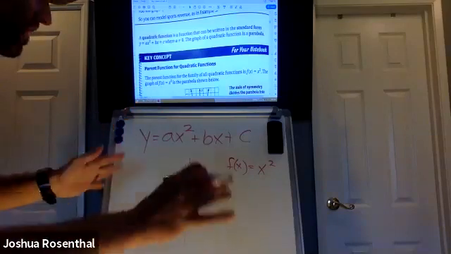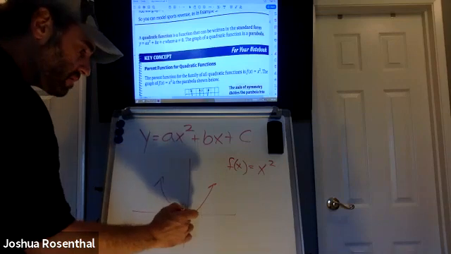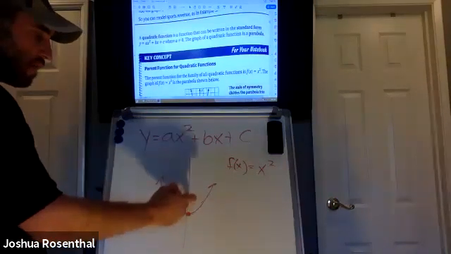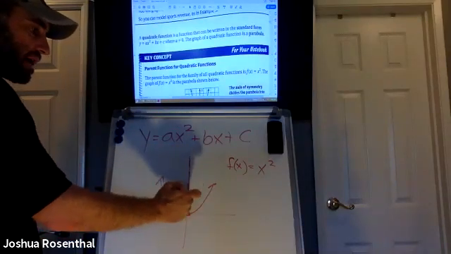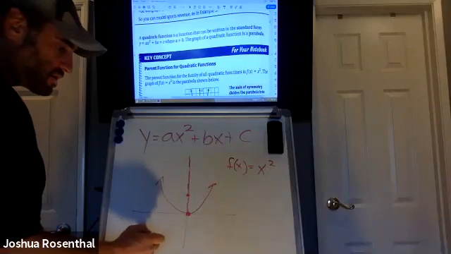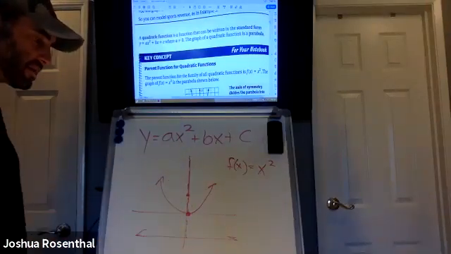But before you do any translation, you're just going to get this, where the vertex is 0. The focus is somewhere up here, which you could find out where that is. And the directrix is somewhere here, where this distance is the same as that distance.